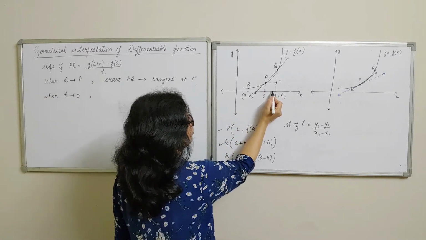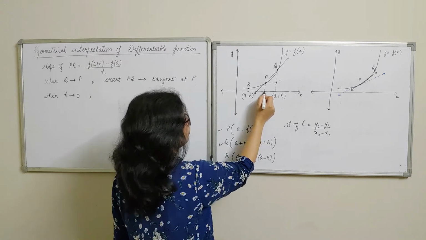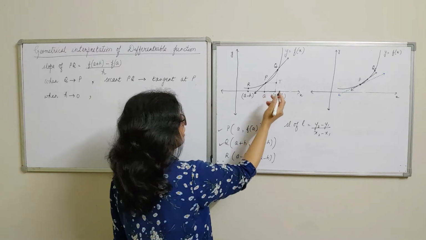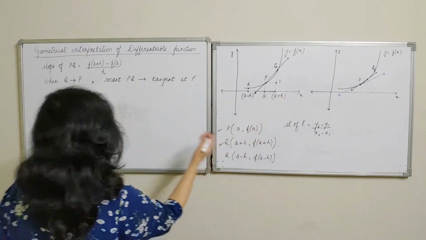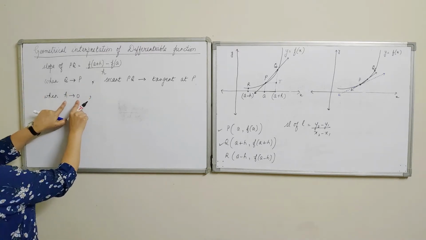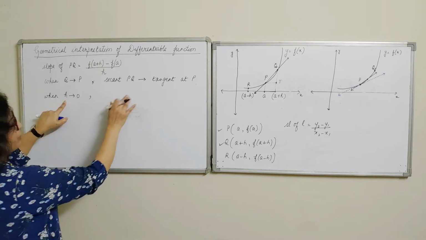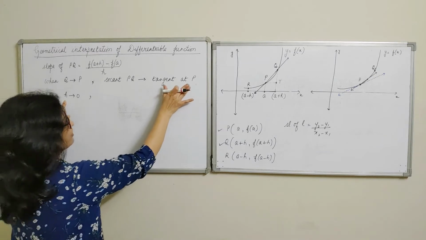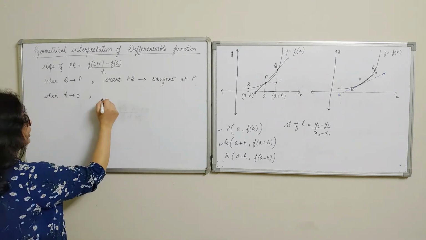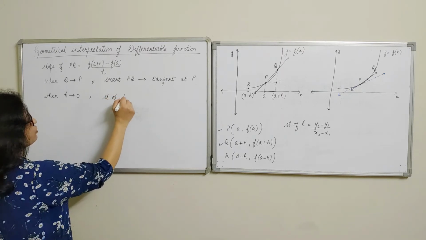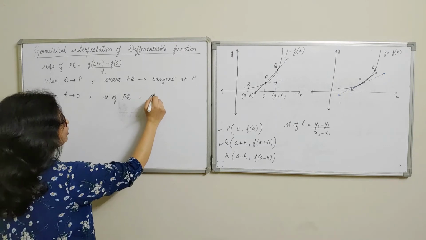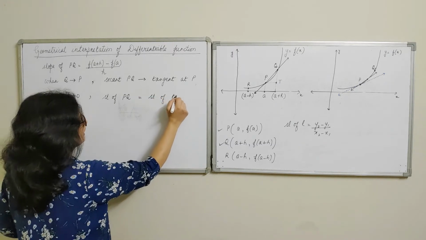This point is coming closer and closer to the point A, and hence this distance, which is h, is almost becoming 0. When this happens, the secant PQ is coincident with the tangent at P, because both lines are coincident. So we can say here that the slope of the secant PQ is equal to the slope of the tangent.